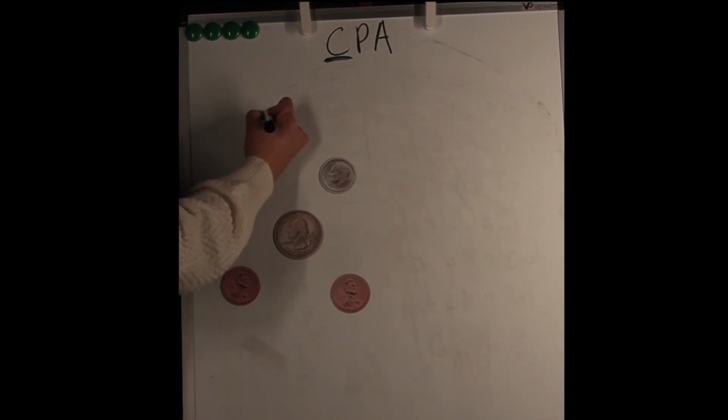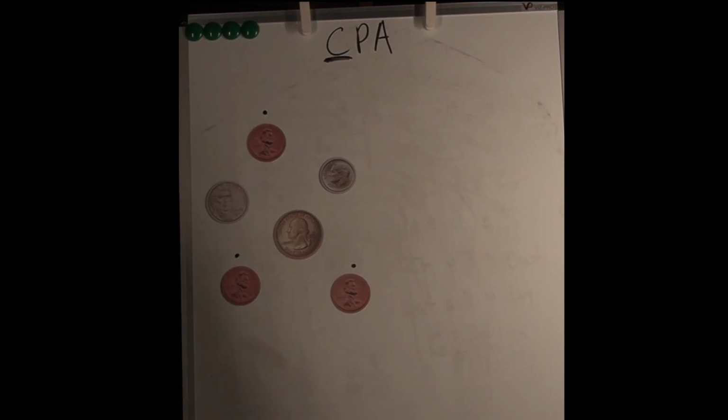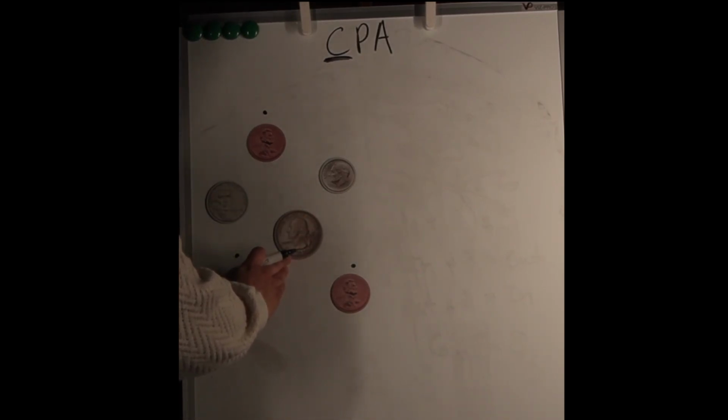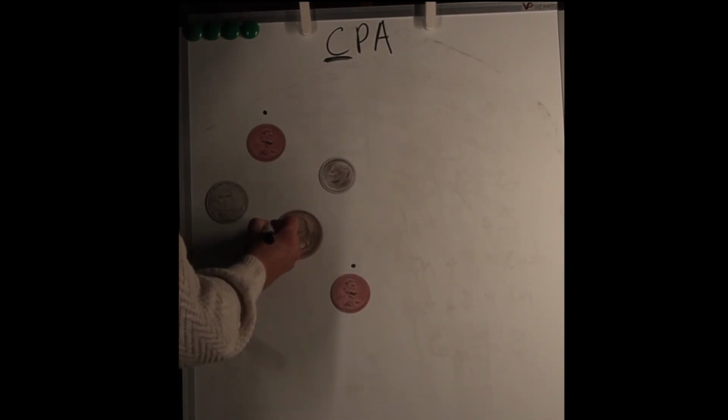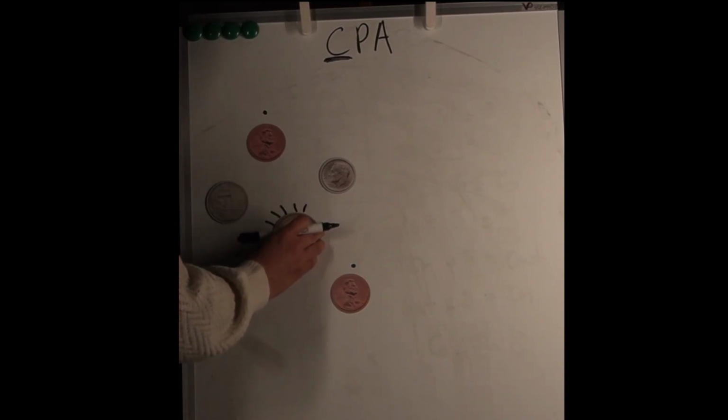a penny, you just put a single dot, right? Those mean just 1. Okay, but I know that this is worth 25, but I'm still struggling to put all these coins together. So I can count 5, 10, 15, 20, 25.